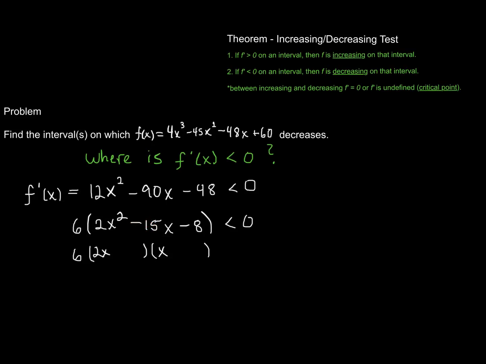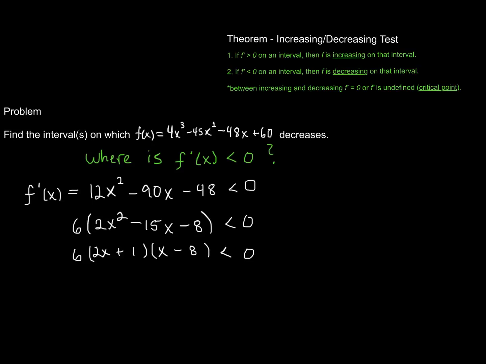If you use 8 and 1, 2 times 8 would be 16, and 1 times x would be 1, obviously. So you'd have 16 minus 1, and that would work nicely, but you need this 15 to be negative. So you're going to want a negative 16 and a positive 1, which means that you will want negative 8 and positive 1. And if you multiply that all out, you'll get back our original polynomial.